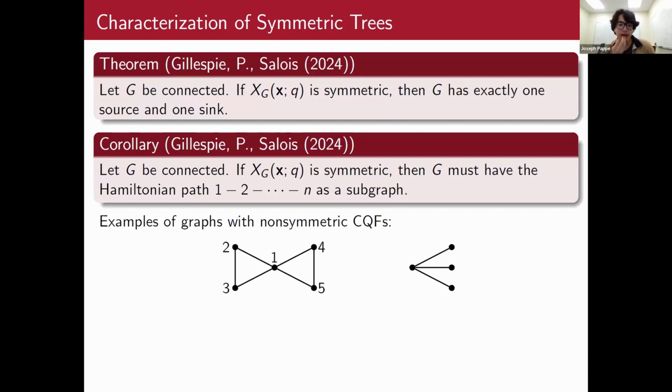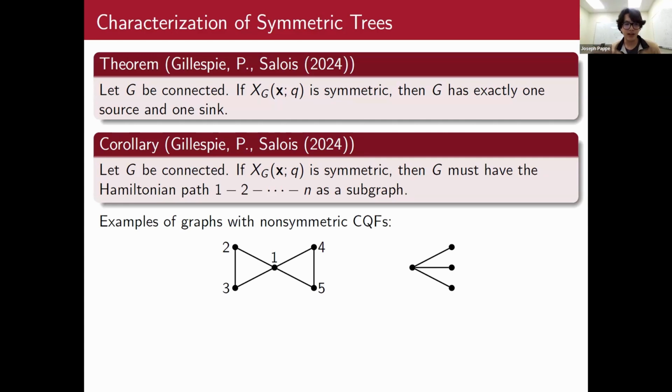For instance, if I look at this bow tie graph, where I've labeled the central vertex 1, this does not have a Hamiltonian path 1 through n as a subgraph, right? So I immediately know that the CQF of this graph is not symmetric. Moreover, this claw graph that we looked at before also cannot have a symmetric CQF, right? Because it doesn't have a Hamiltonian path at all.